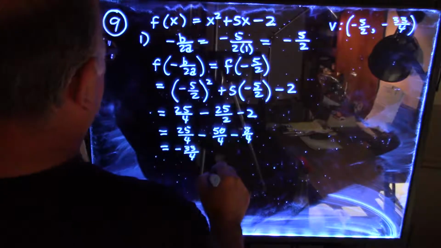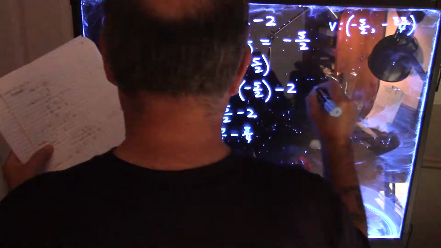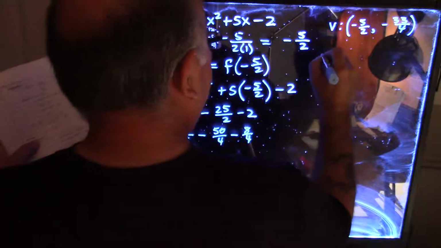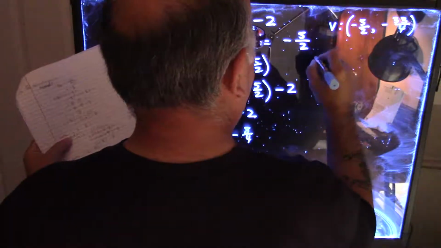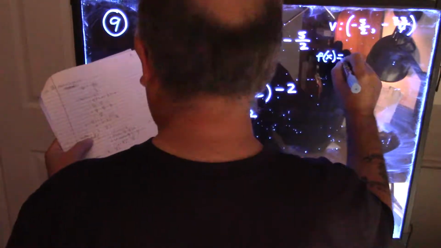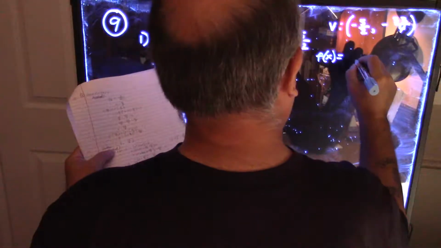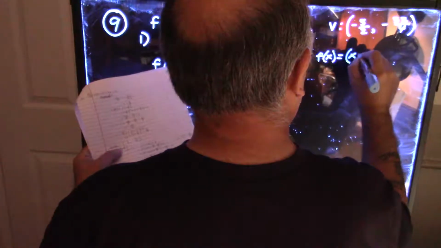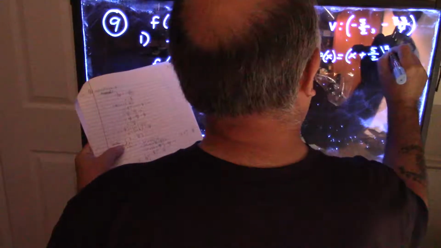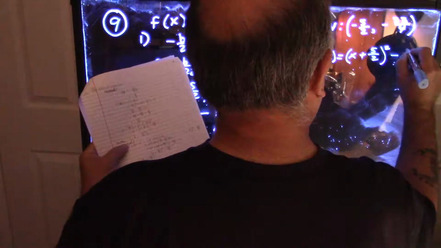Okay, and then f of, or we already did that. So now we need to write it in standard form. We've got f of x is equal to x plus 5 halves quantity squared minus 33 fourths.